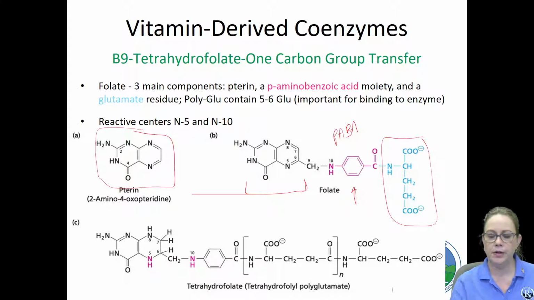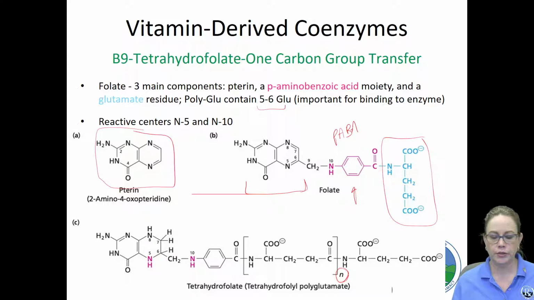Now that glutamate, so that's our B, in the body for the coenzyme to be active, our folate is going to end up polymerizing with additional glutamate units. So we'll be forming some additional peptide bonds here, and we'll typically have between 5 to 6 glutamates in that linear polymer coming off of the glutamate.